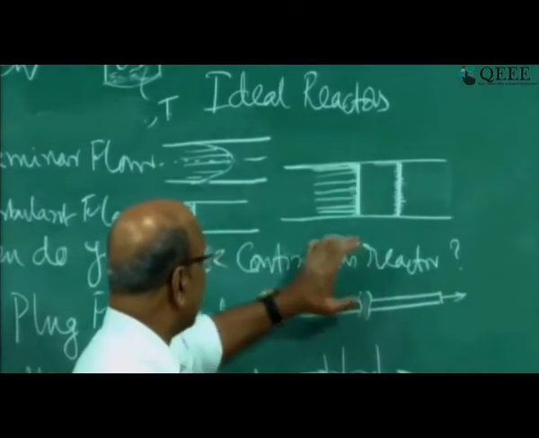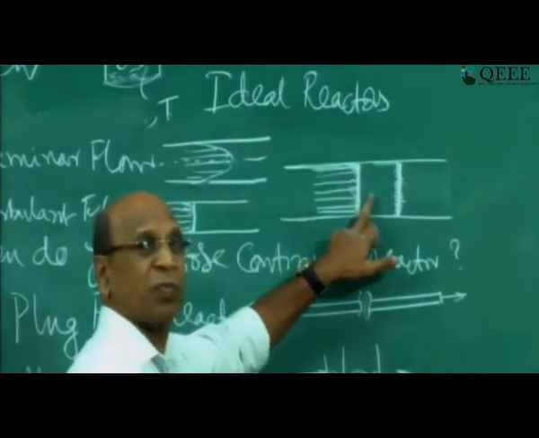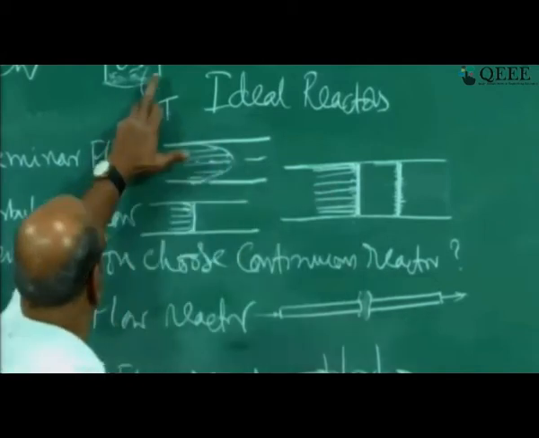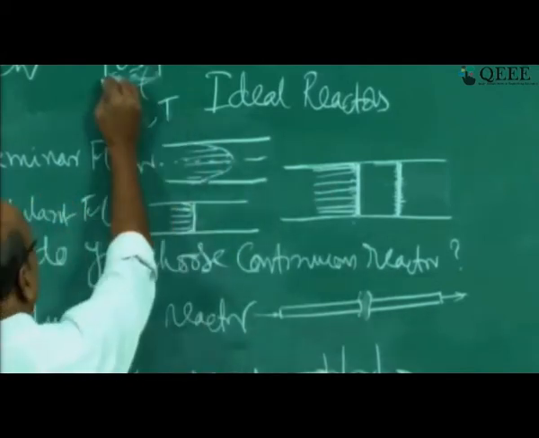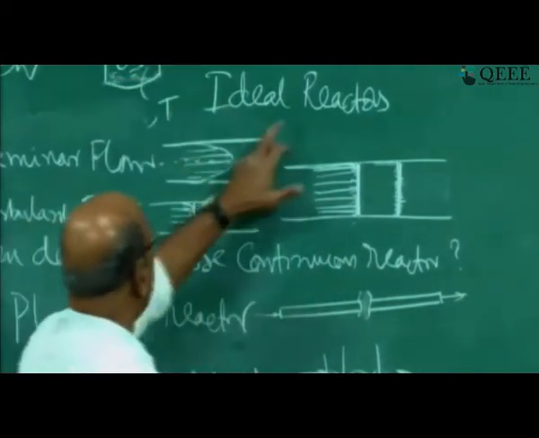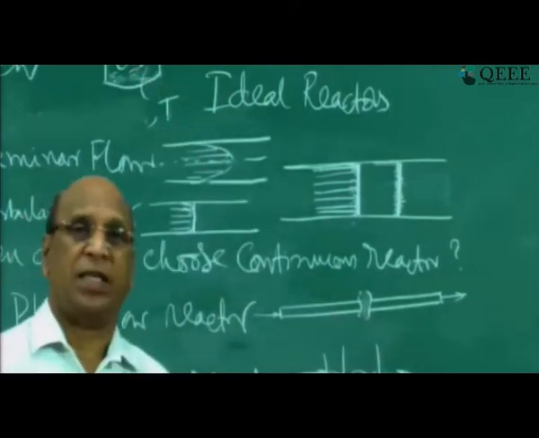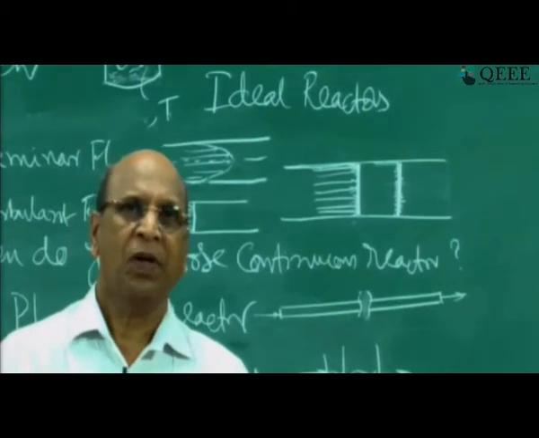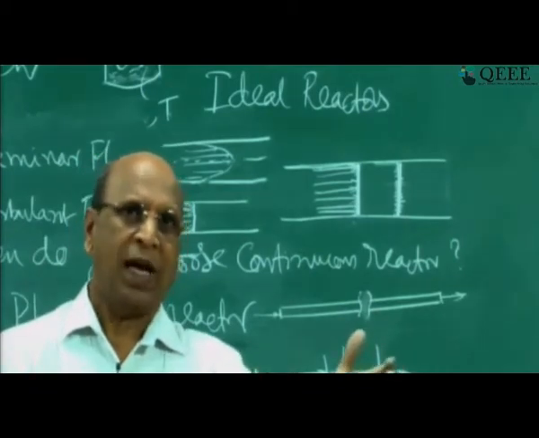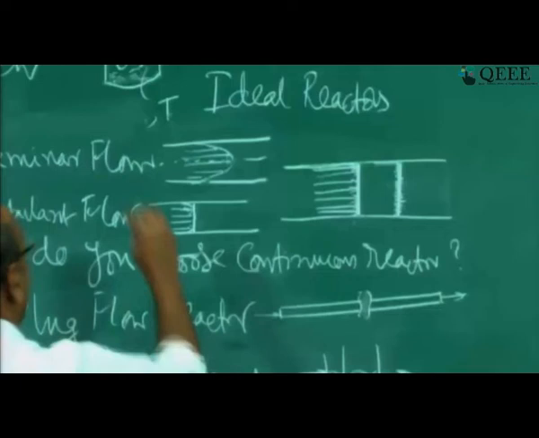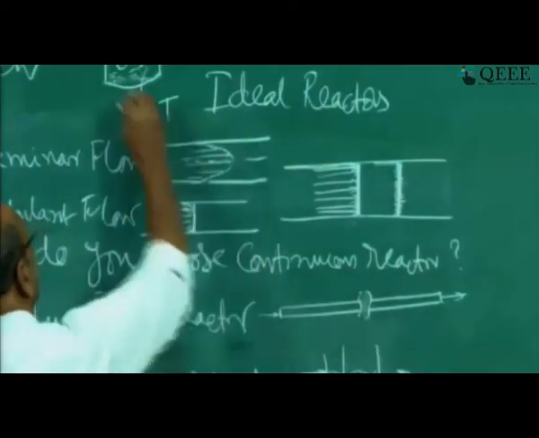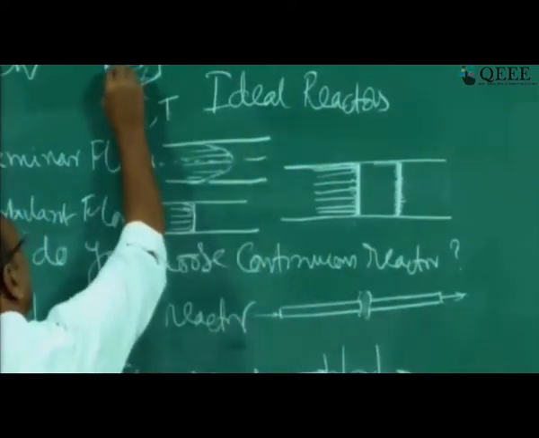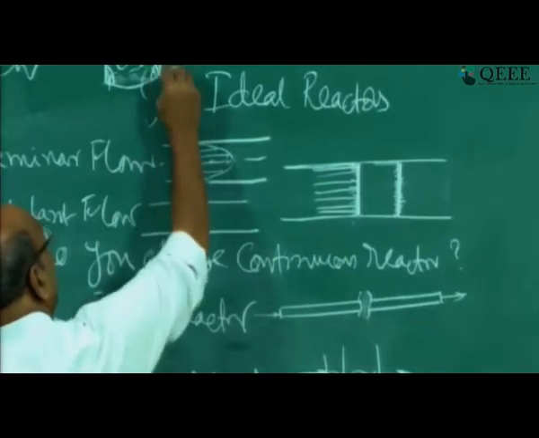But now what can be the non-ideality in this? I think I have forgotten to tell you about the non-idealities in the batch reactor. We have only defined the ideal batch reactor. What are the non-idealities? Non-ideality simply is no good mixing, the opposite of that. When I don't have good mixing, I may have in these corners what is called a dead space.